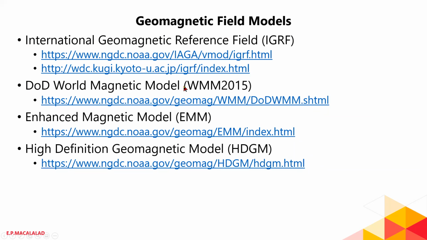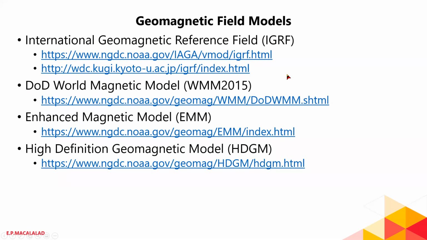Because this is very important, for example in navigation, if these magnetic models are very accurate relative to the true magnetic configuration of the Earth, then all the technologies that depend on magnetic field information will work very well.